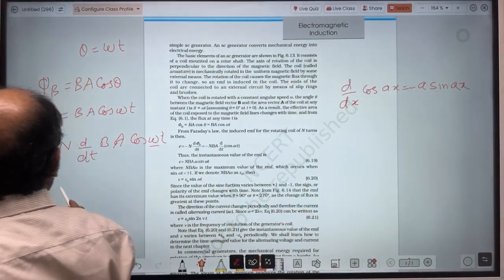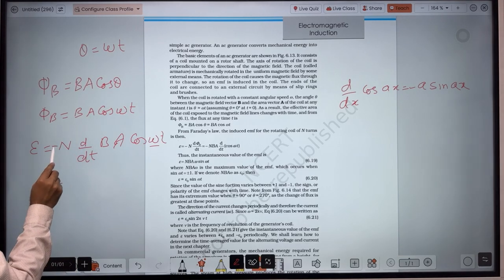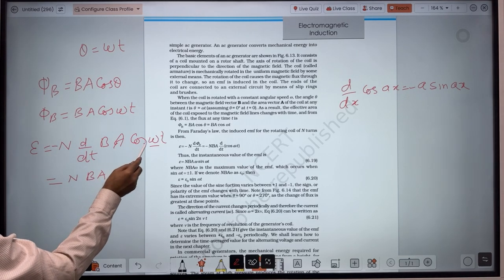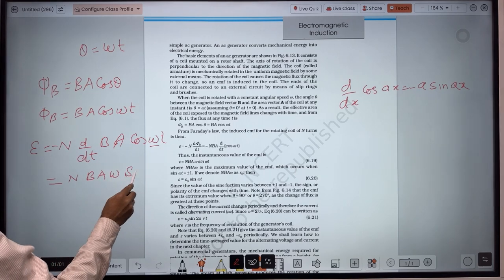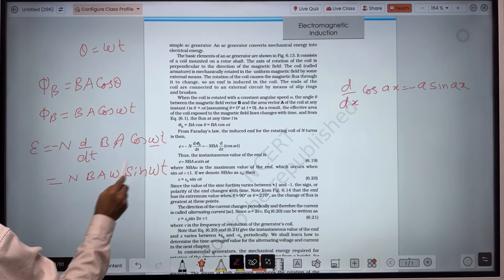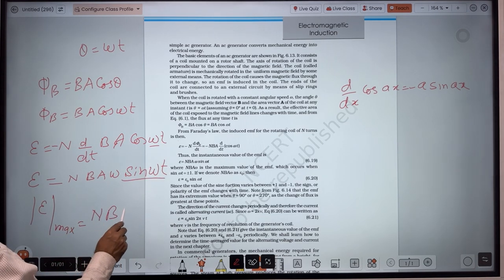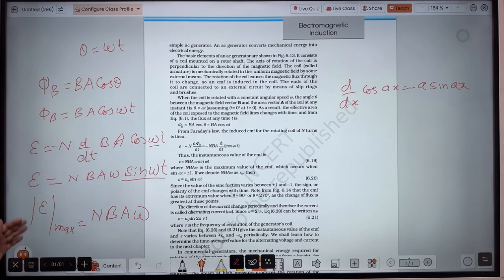So let's put that value here. Here the minus sign is already there, so it will become plus N B A omega sin omega t. So this is the EMF. Now suppose we want the maximum EMF. E max will be when the sine becomes 1, so N B A omega. And suppose we want to find out the current, in that case we can divide it by resistance.